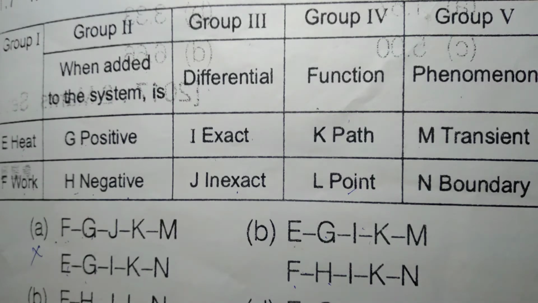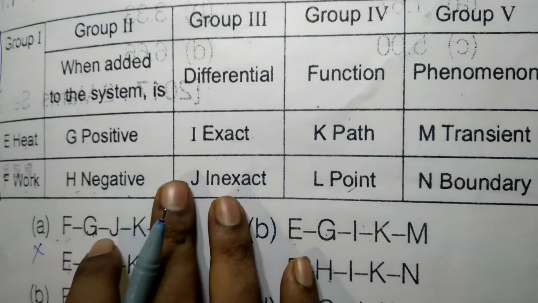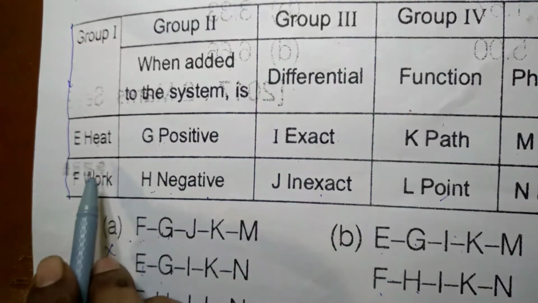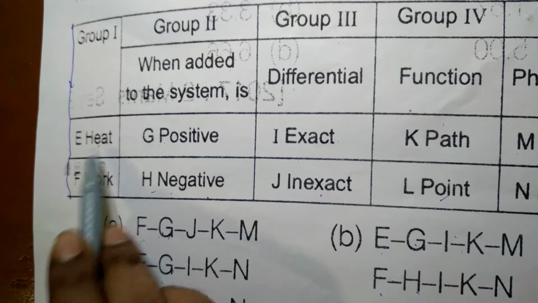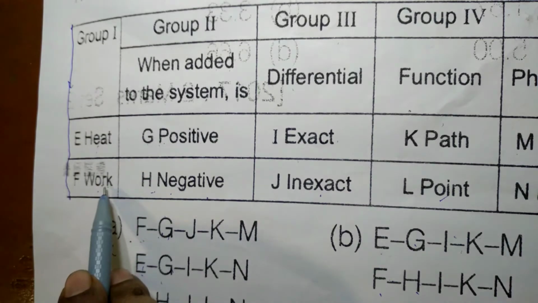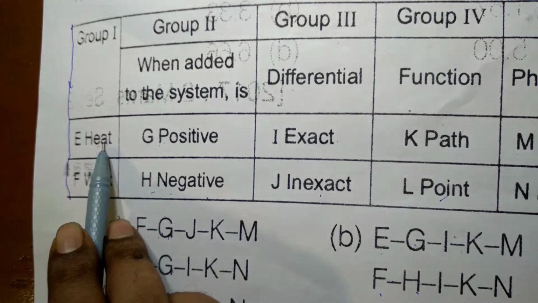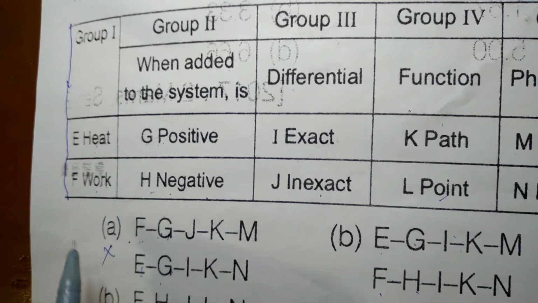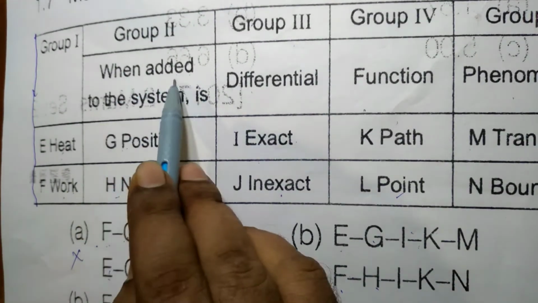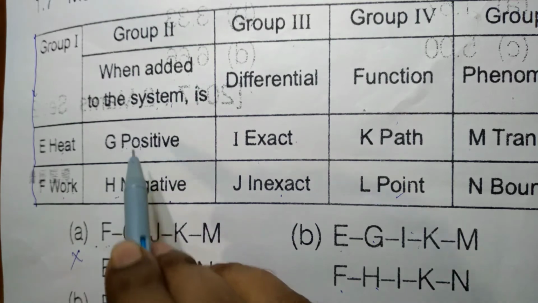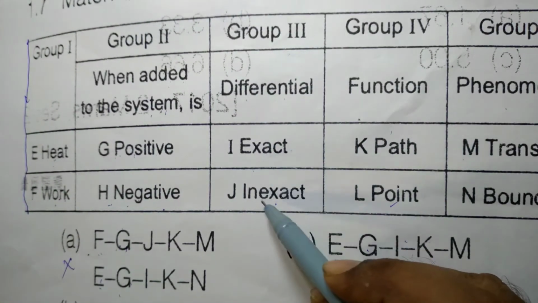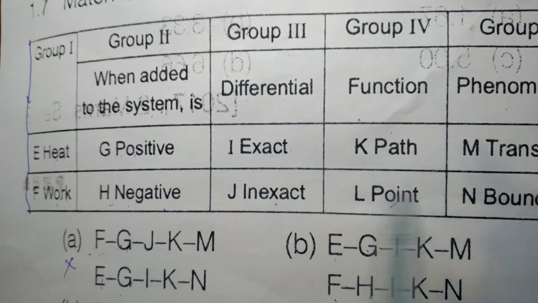So let's get started. You see, there are 5 groups, and under first group there are two terms: heat and work. E is for heat, F for work. These are only the modes of energy interactions possible between any system and surroundings. And under second group is when added to the system. And the third group, whether it is exact or inexact, that accordingly will match.